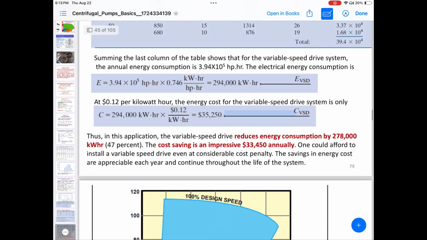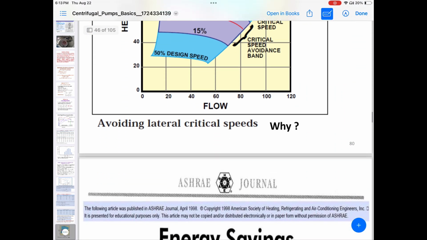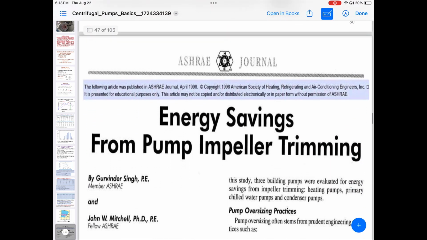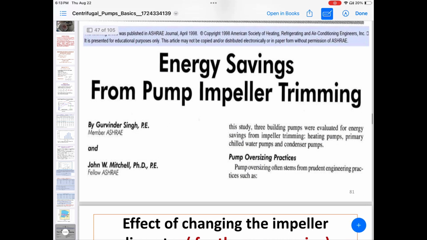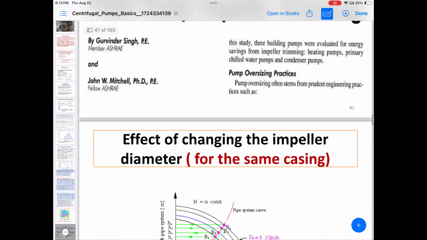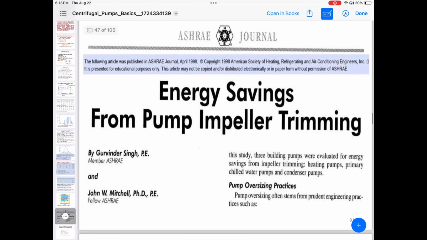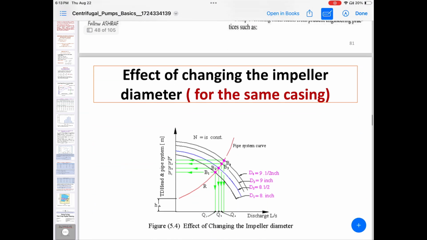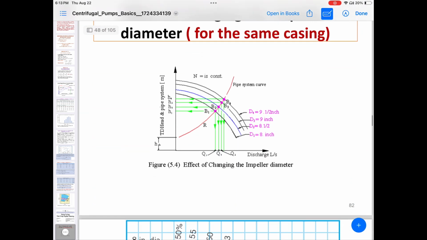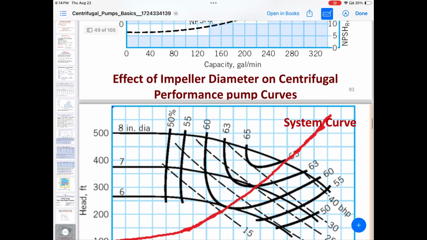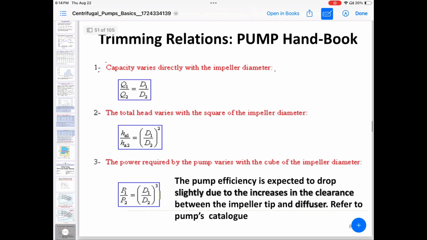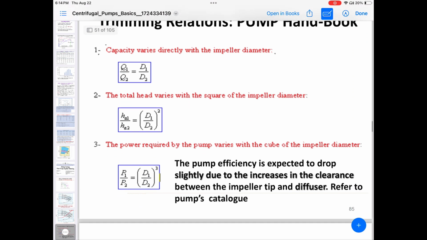Showing this picture for the PDF: energy saving for pump impeller trimming. There is some article from the Asia Journal giving some samples for these charts. There are trimming relations in the pump handbook.